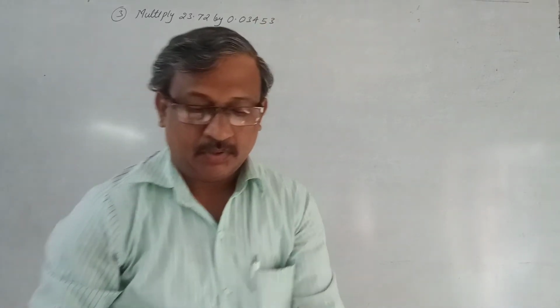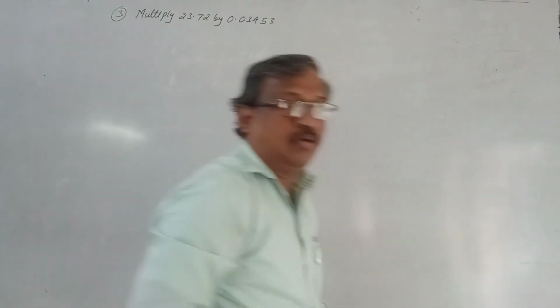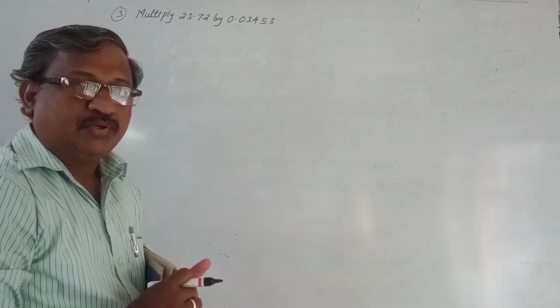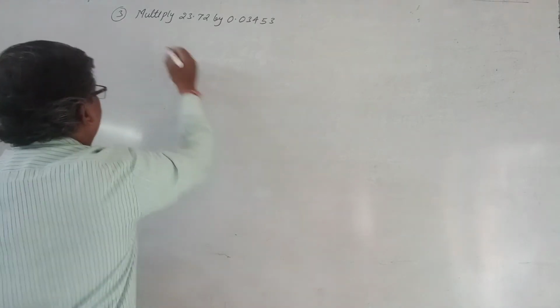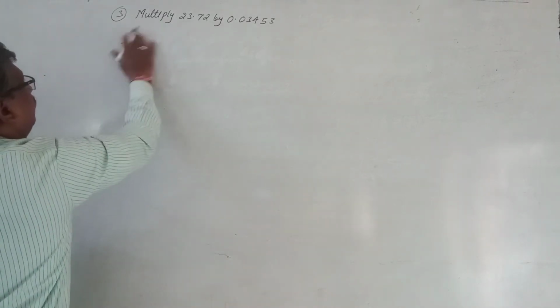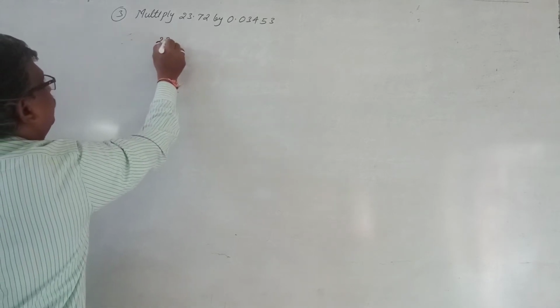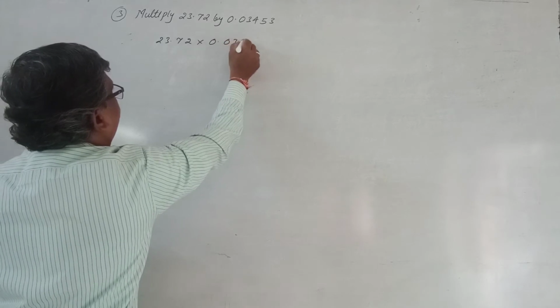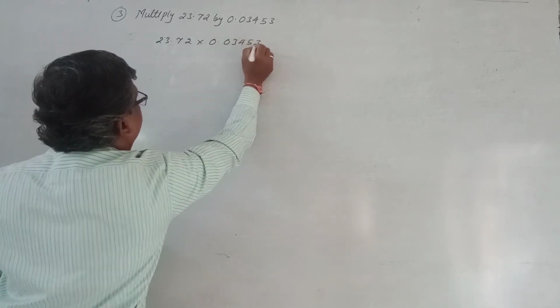Clear? So you have to multiply these two numbers by using the logarithm. Now let's multiply these two numbers again by using the logarithm. So again, as it is, I will rewrite the problem: 23.72 into 0.03453.